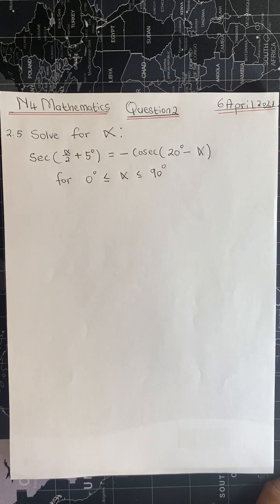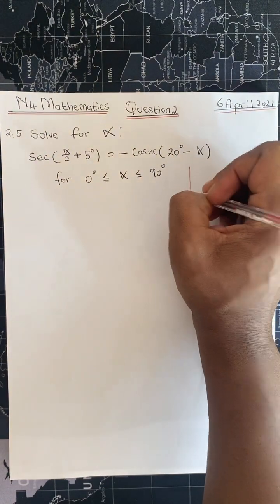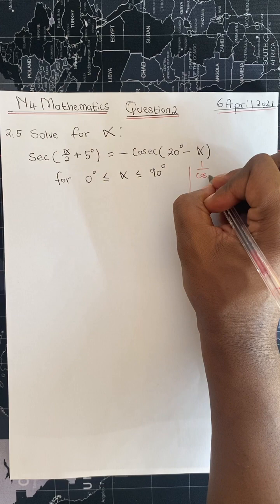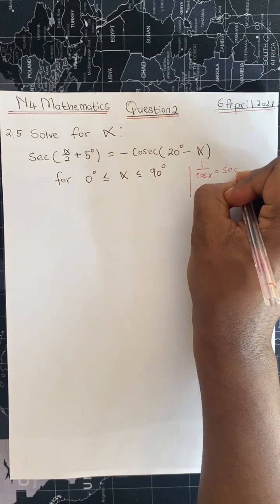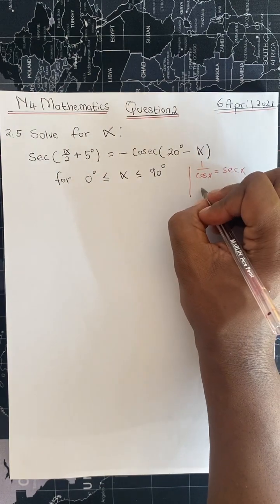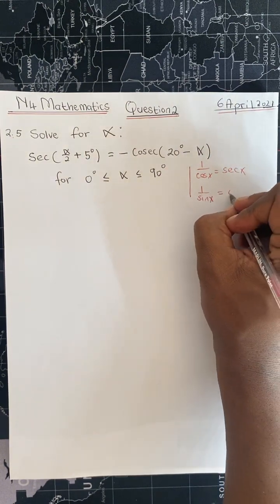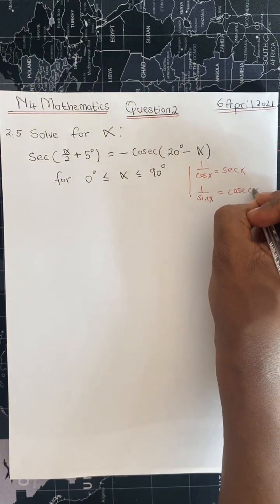Question 2.5, we have to solve for alpha when sec of alpha over 2 plus 5 degrees is equal to negative cosec 20 degrees minus alpha. We know that 1 over cos x is equal to sec x, and that 1 over sin x is equal to cosec x.